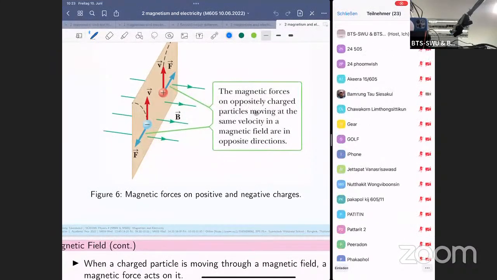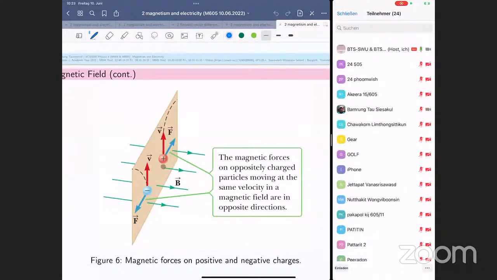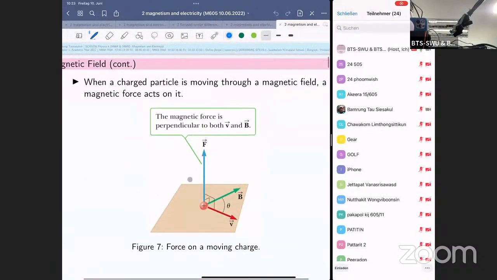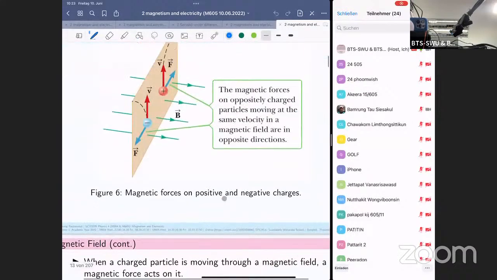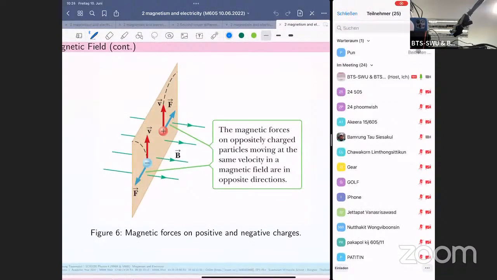Of course, we have seen the positive charge version and the negative charge version, and we can determine the induced force from the right-hand rule.